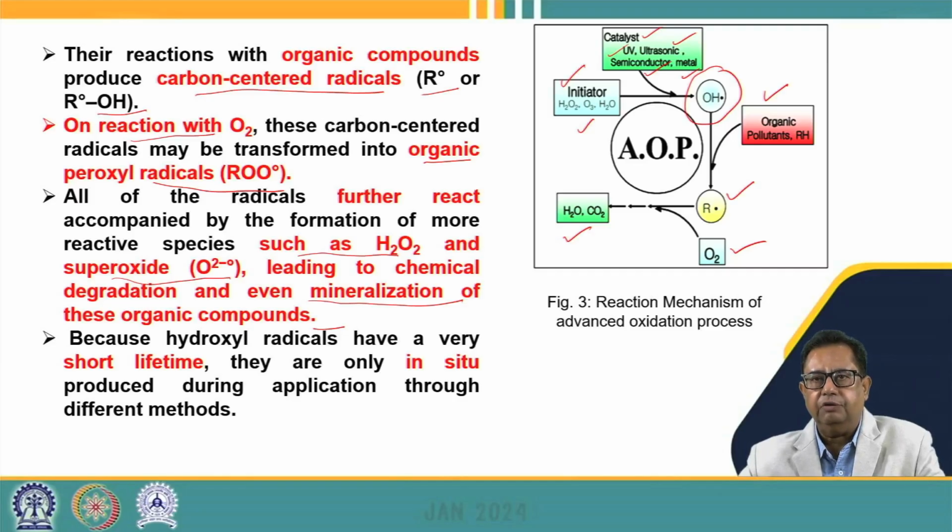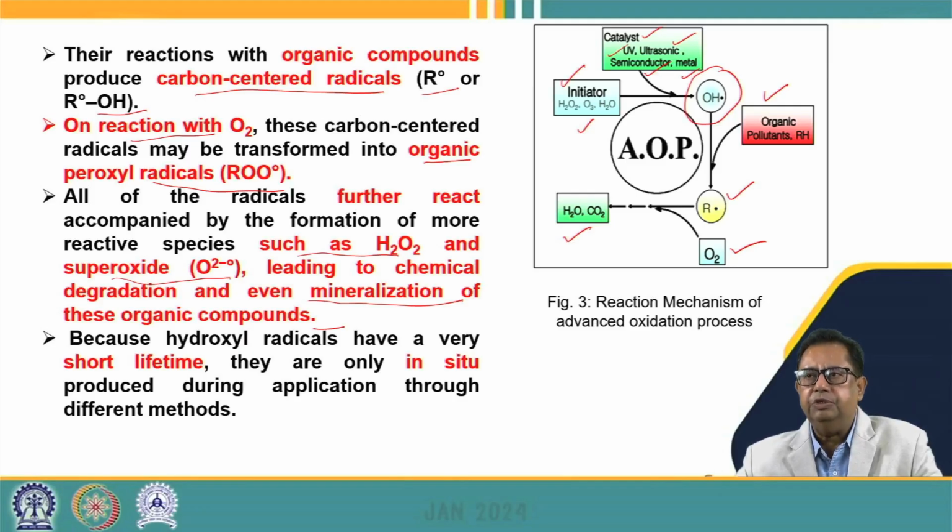So these are the reactions which happen when water or wastewater comes in contact with the dot OH radicals, and these dot OH radicals are always generated in situ. The reason is that they have a very short half-life, a lifetime of around microseconds.